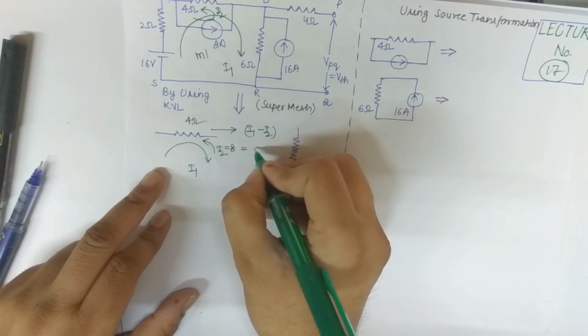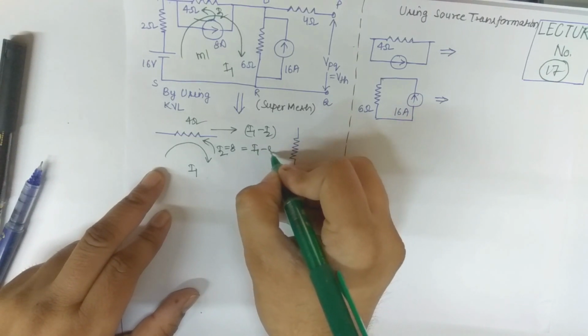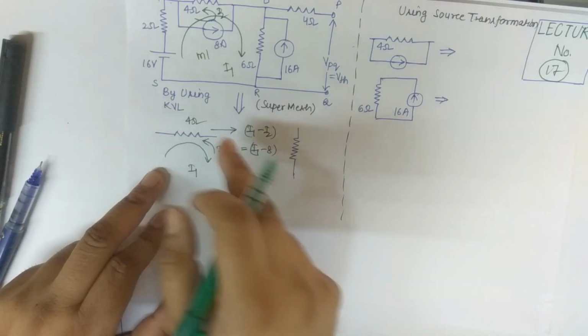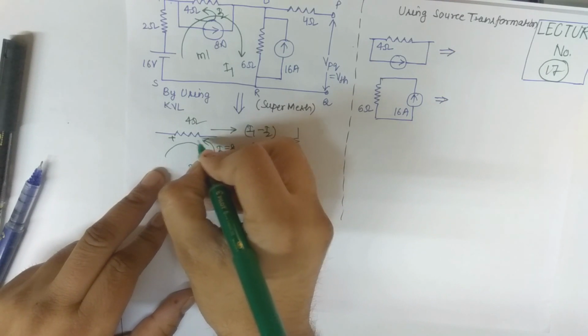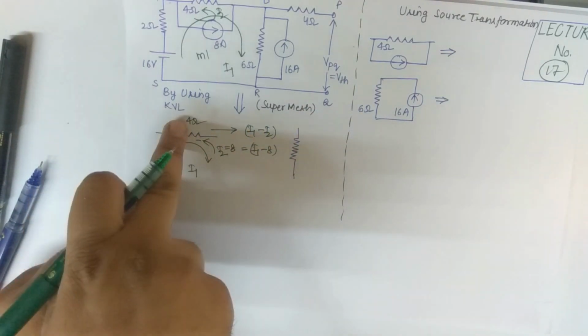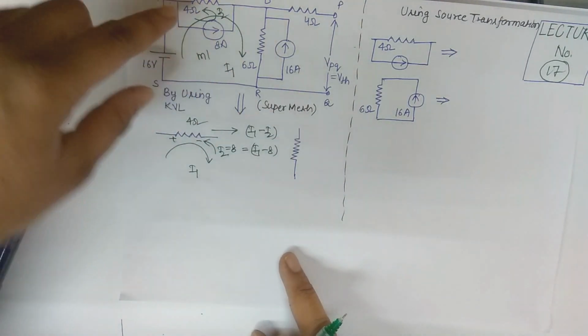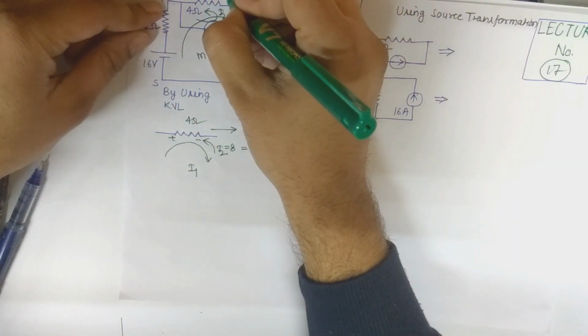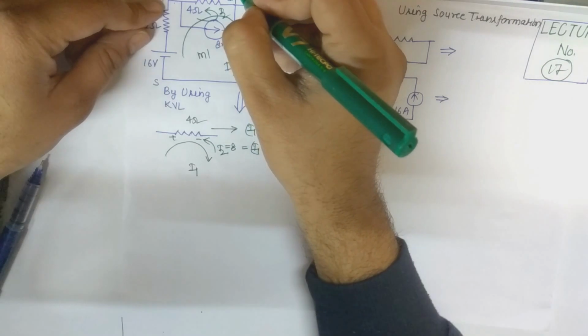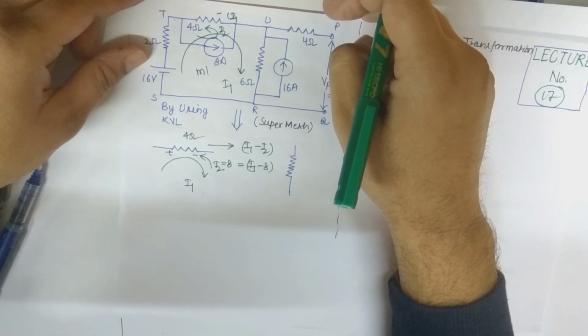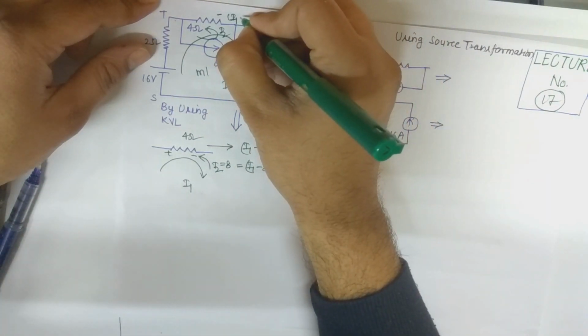So it is I1 minus 8 is the net current flowing in this direction. It is entering from this side. So this is positive and this is negative. So net current in this branch is I1 minus 8.